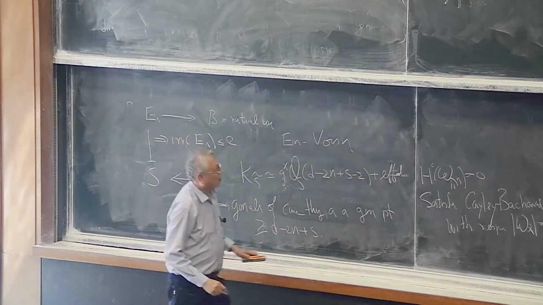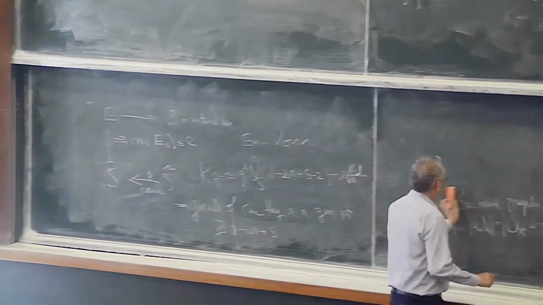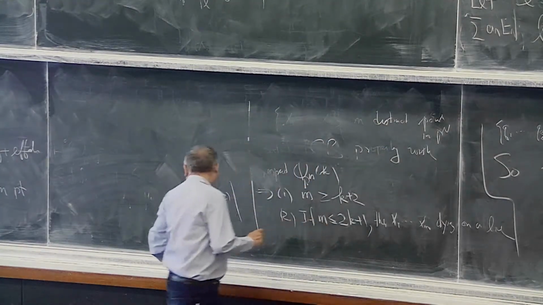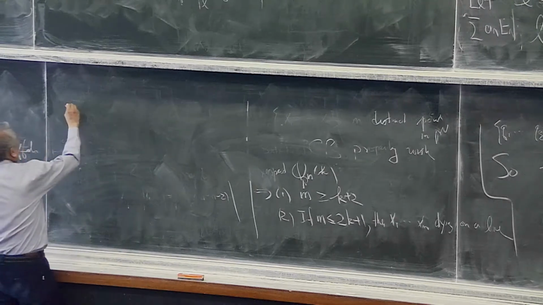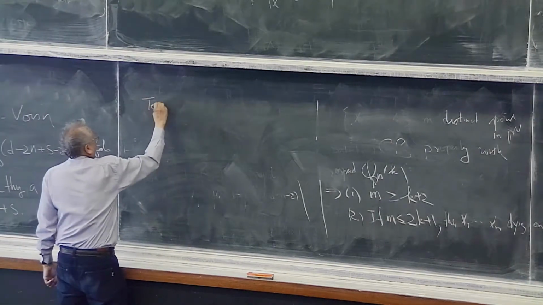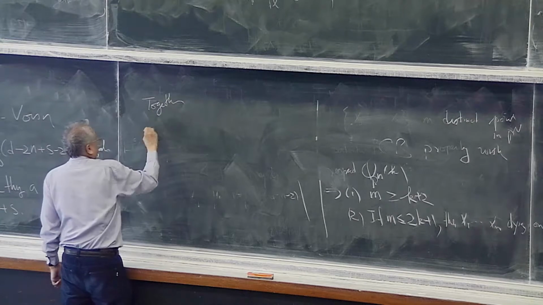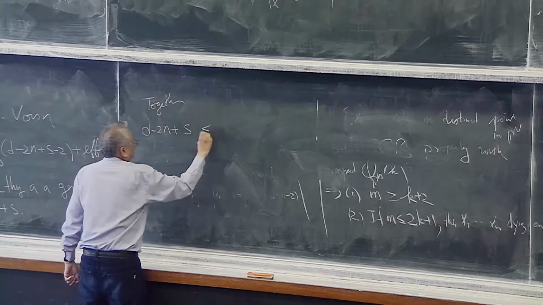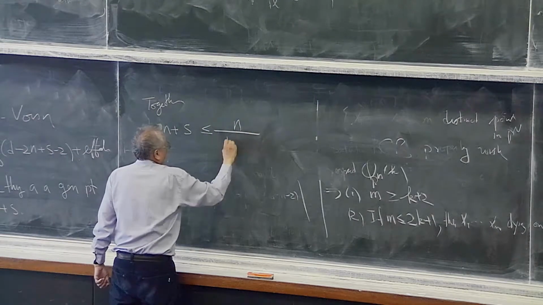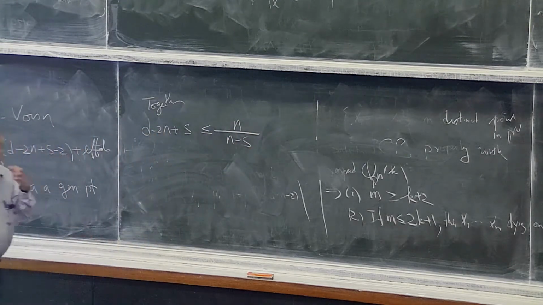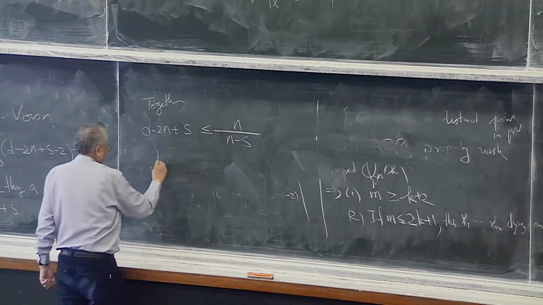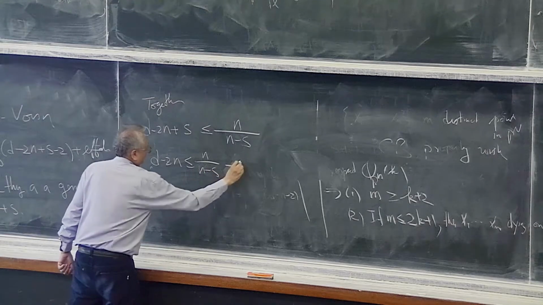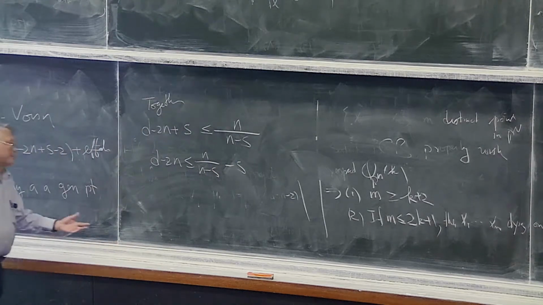Put this together, and this implies that d minus 2n plus S is less than or equal to n over n minus S, or d minus 2n S. And S is between.